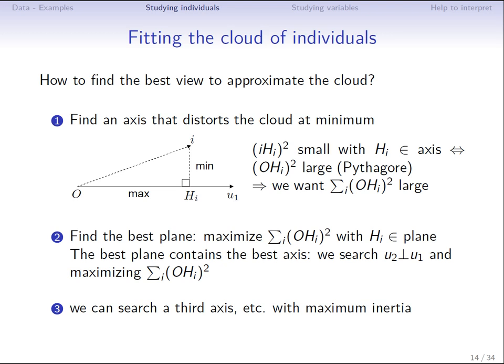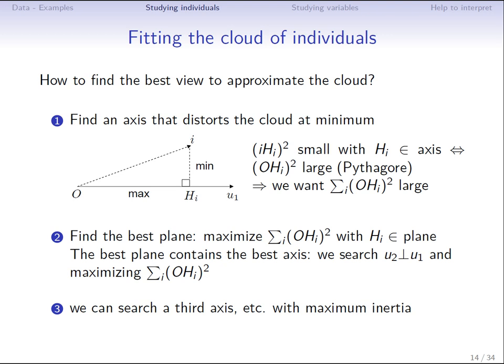Then I will try to find the best viewpoint of the cloud in 2 dimensions. To obtain this representation, the cloud is projected on a map, chosen in such a manner as to minimize the distortion of the cloud of points.